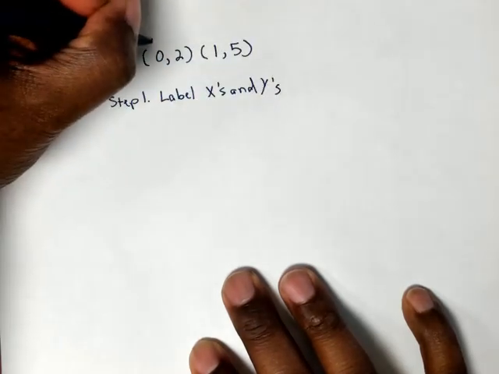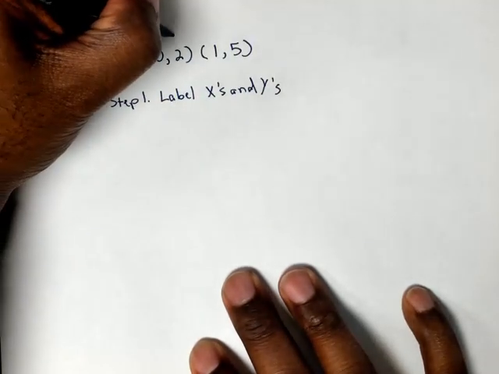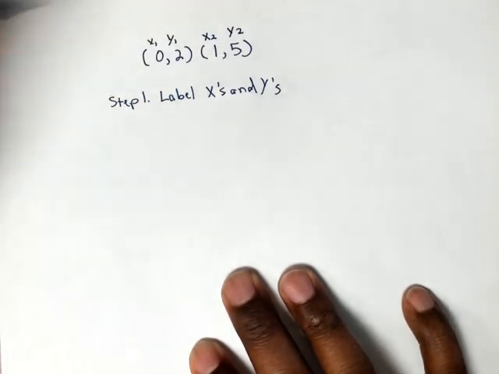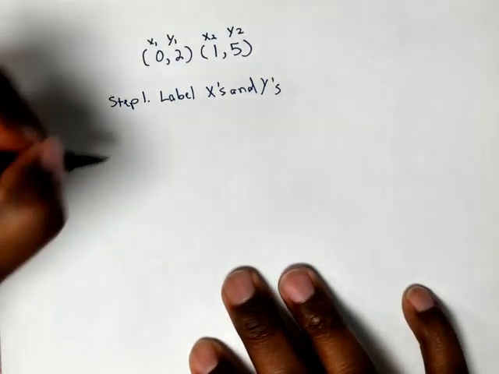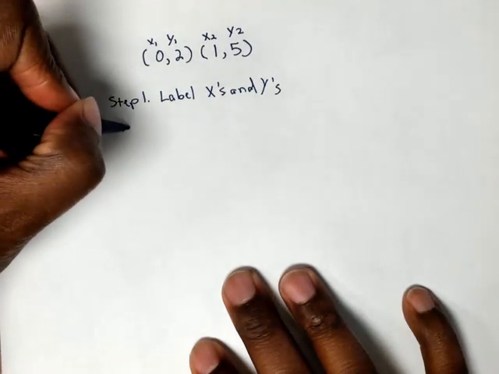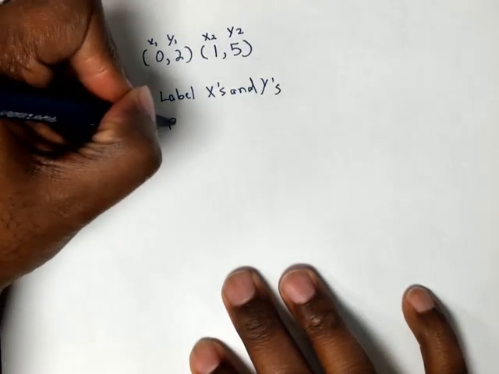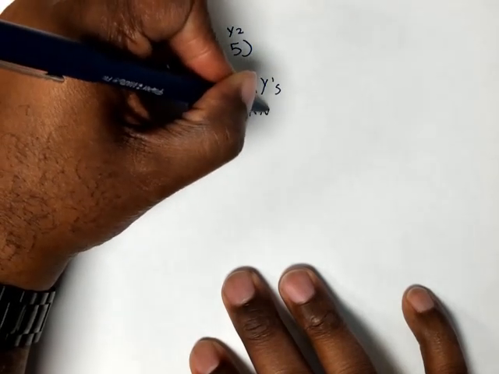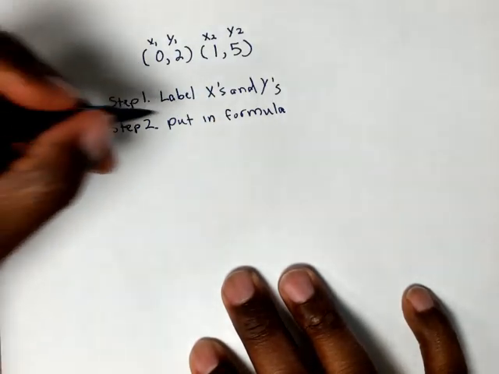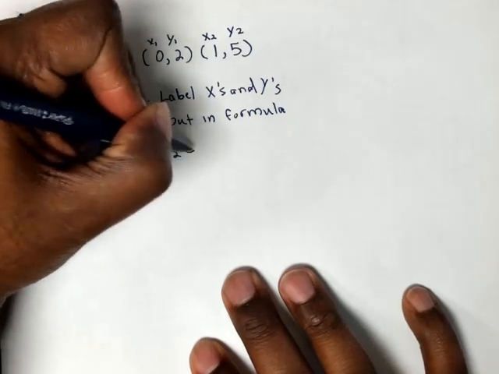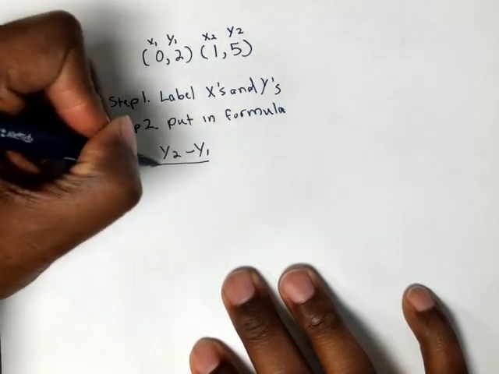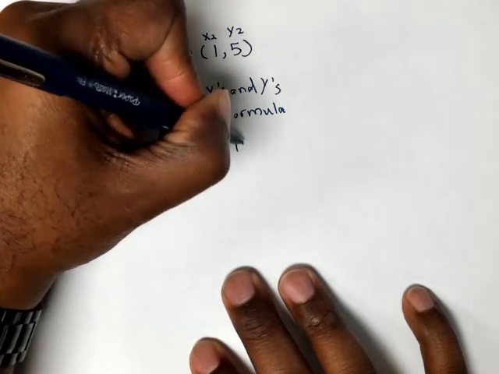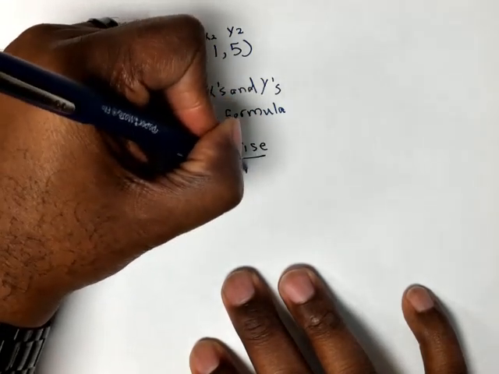So this is x1, this is y1, x2, y2. Then we're going to put those into the formula. Remember, our formula is y2 minus y1 over x2 minus x1, which is rise over run.